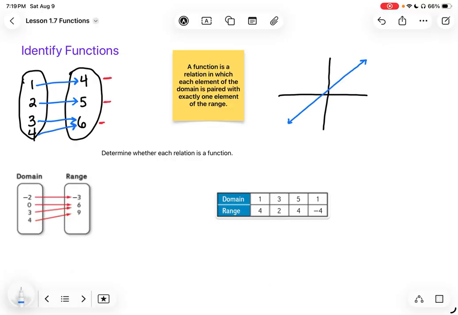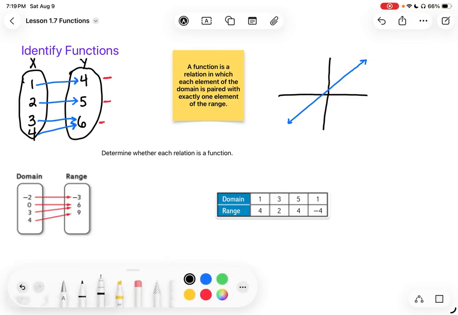To have the 3 and the 4 both going to the 6, this is still a function because each element of the domain, which is our first mapping here, let me do a better job of labeling x and y, matches exactly one element of the range. It's okay that we have two things in the domain going to the same thing in the range. That's fine. It's still a function.